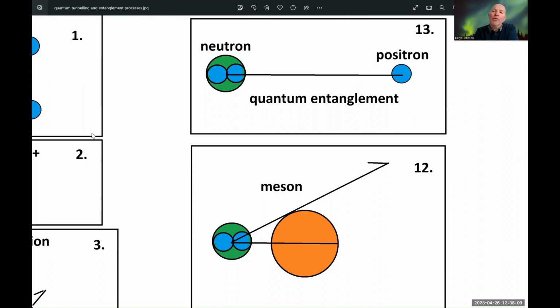So anybody who knows the ionization energy required for hydrogen to release that electron is 13.6 electron volts.